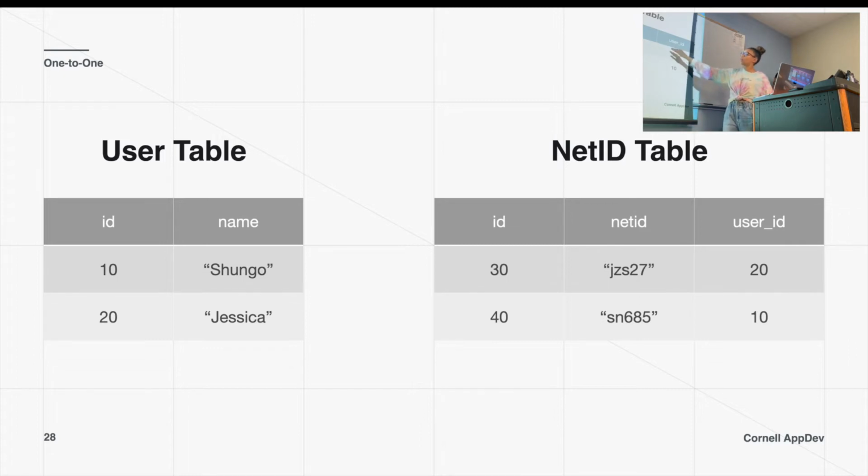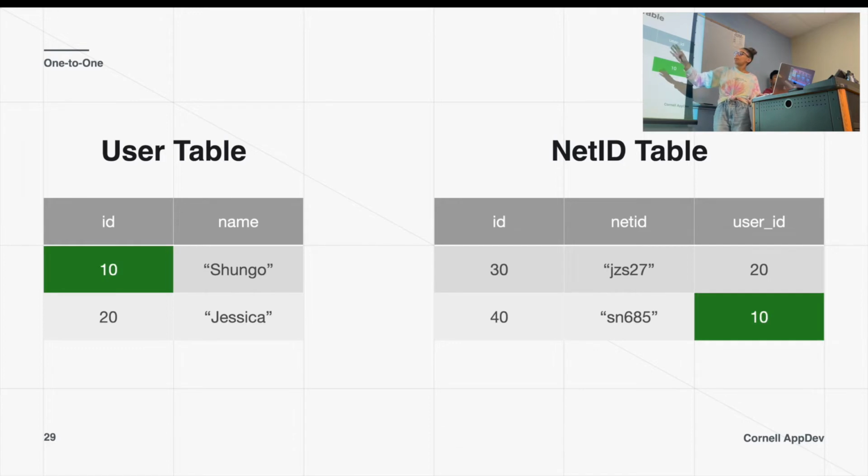Then we go back to our user table. Which user has an ID of 20? Jessica. Using the other example, we see that the ID of 10 is Shungo, and in our net ID table, we have the user ID of 10. This is Shungo's net ID.